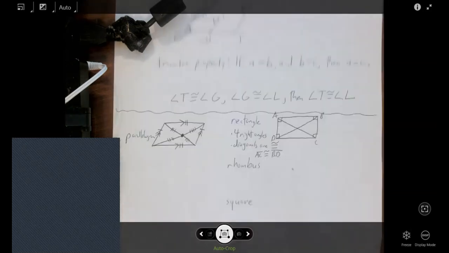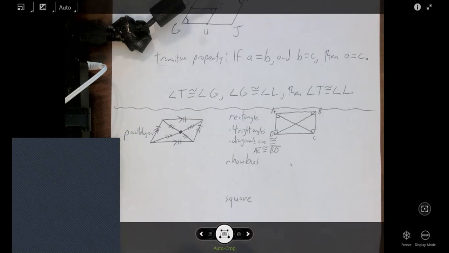All right, what about a rhombus? What makes a parallelogram turn into a rhombus? What has to be true to be a rhombus?